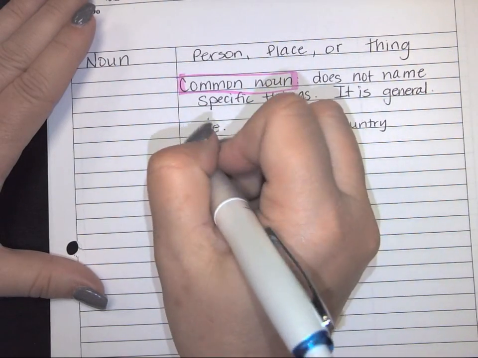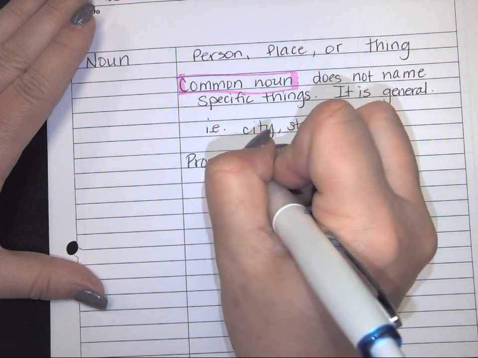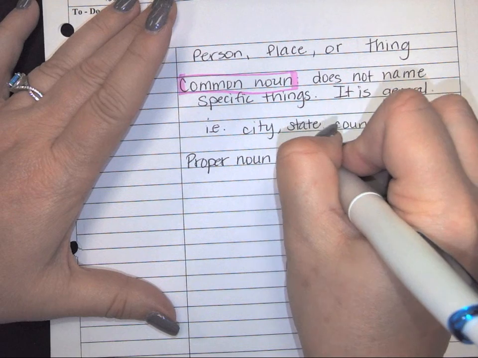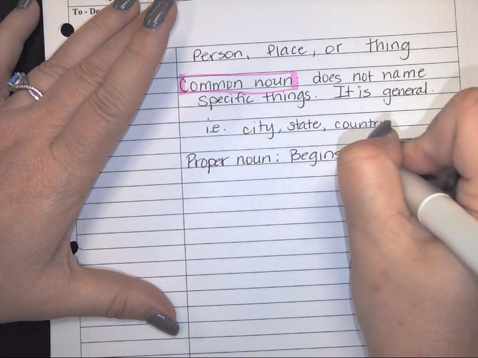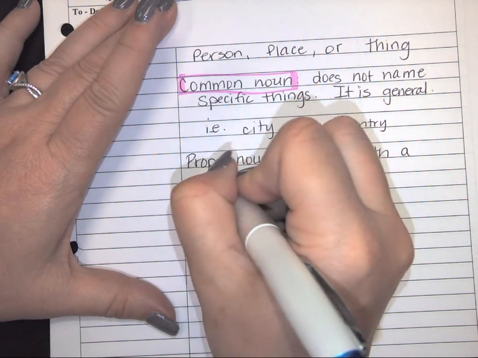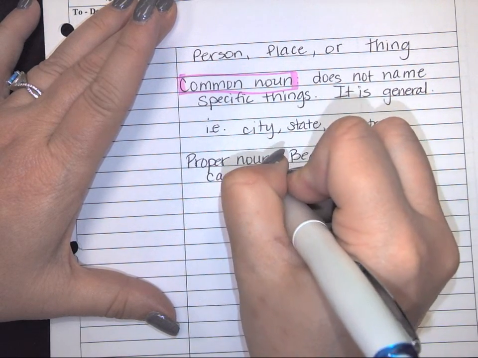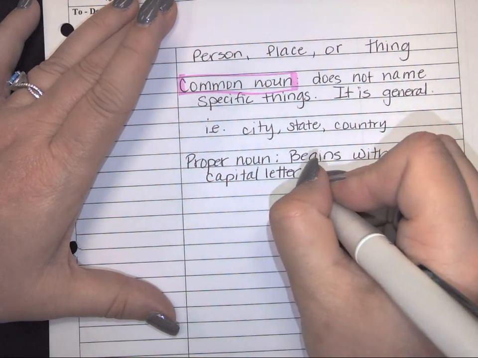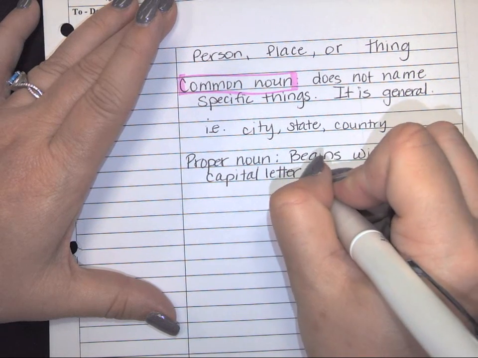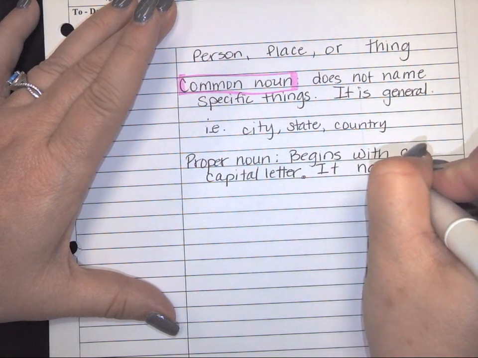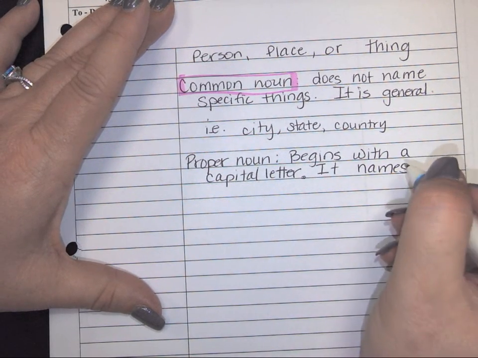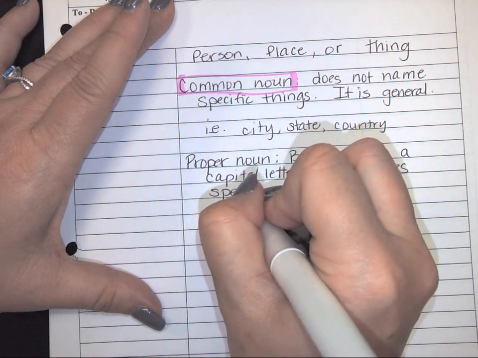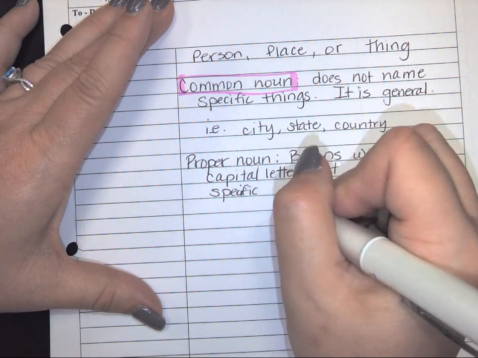Okay. Now let's talk about a proper noun. A proper noun begins with a capital letter and it names specific things.